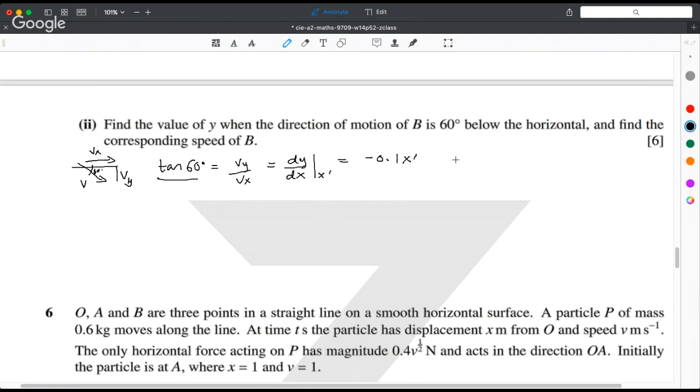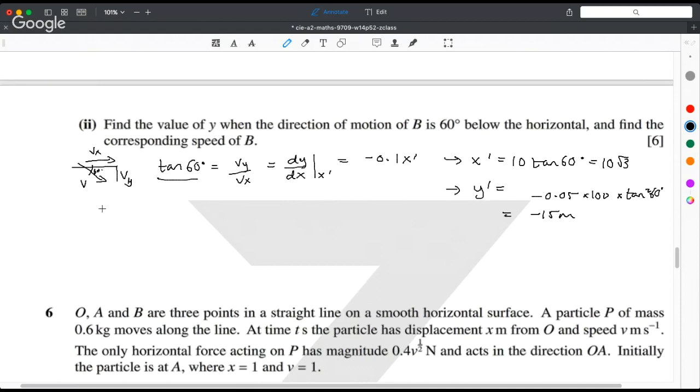And that is equal to tan of 60. So this means that x prime is equal to 10 times the tan of 60 degrees, which is 10 square root 3. So therefore, we can just plug this back into the equation for y. Y prime is equal to minus 0.05 times 100 times tan squared of 60 degrees, which is just x prime squared. So this is equal to minus 15 meters.